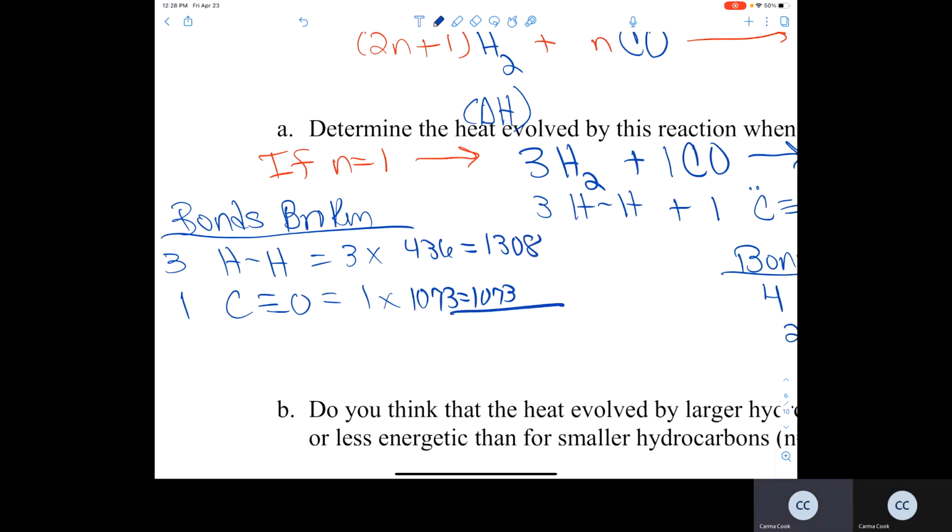We add these together, and we get 2,381.